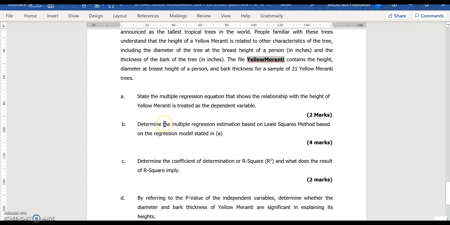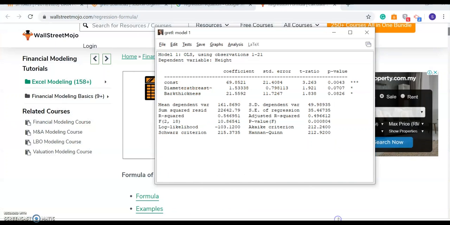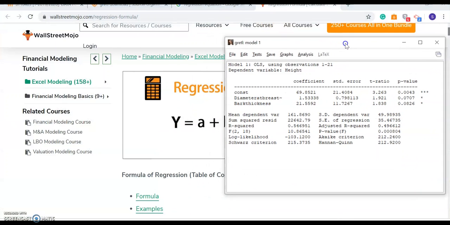So in order to answer question B, here you determine the multiple regression estimation based on the least square method, based on the regression model stated in A. Of course, you will have to refer back to this regression formula, and all you have to do is change the coefficient terms by referring to Gretl.